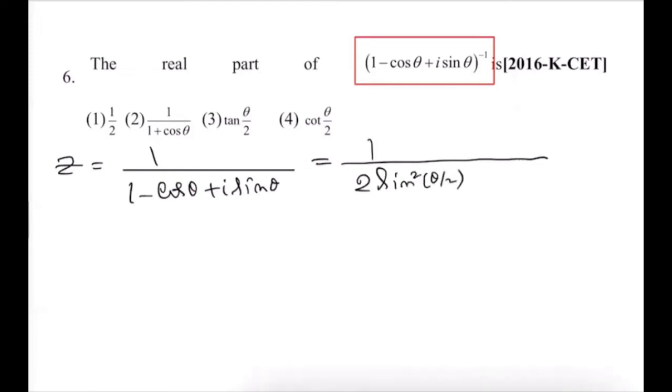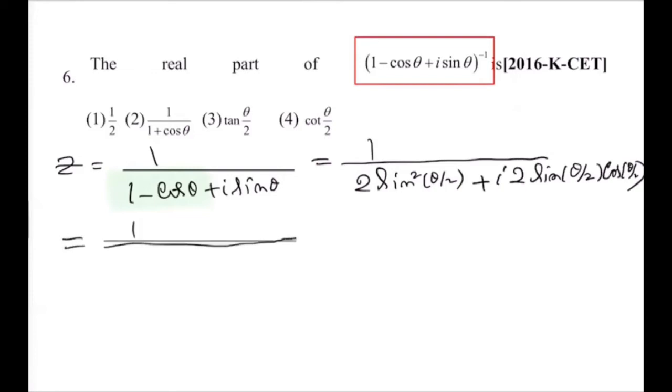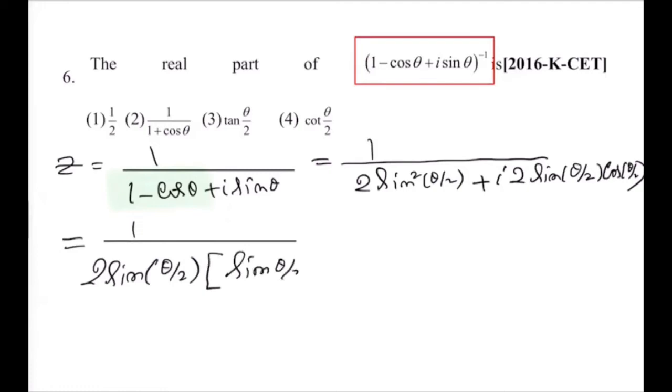That is 1 minus cos theta can be written as 2 sin square theta by 2, and sin theta can be written as 2 sin of theta by 2 into cos of theta by 2. So in this we can take 2 sin theta by 2 as a common factor. And then we will be left with sine of theta by 2 plus i times cos of theta by 2.